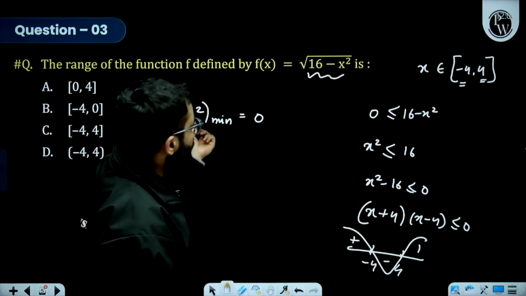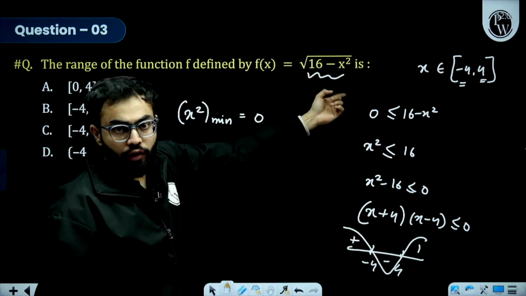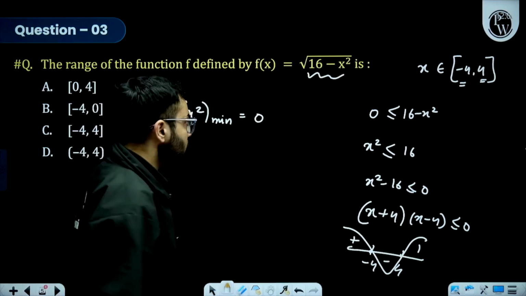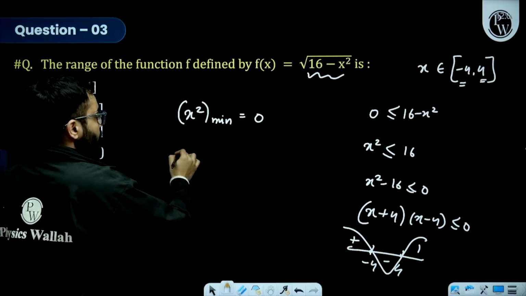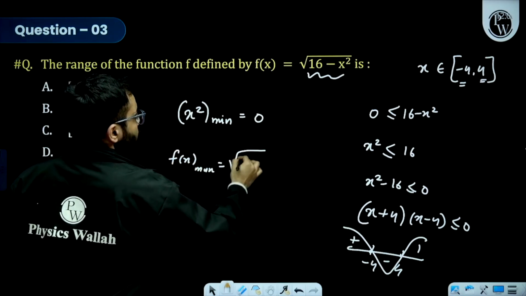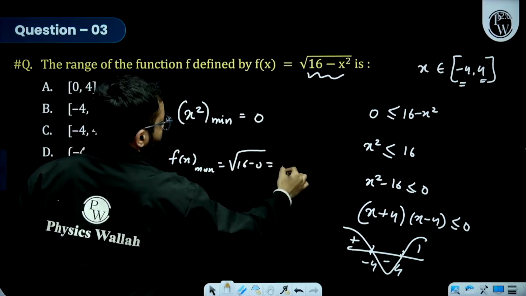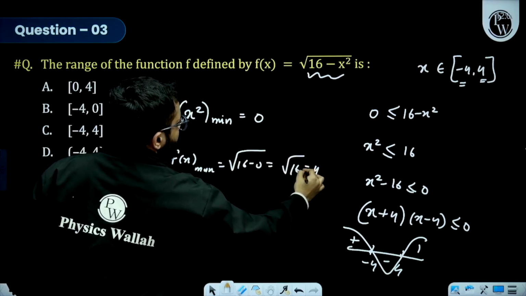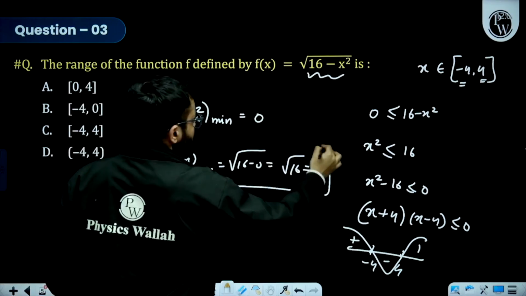If we substitute the minimum value of x square here, we get the maximum value of the function. f of x max is under root 16 minus 0, that is root 16, which is 4. So this is the maximum value of the function.